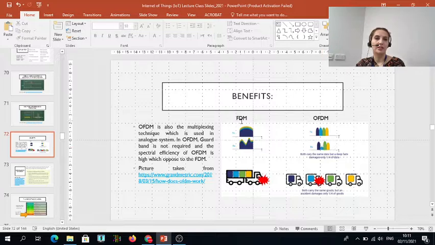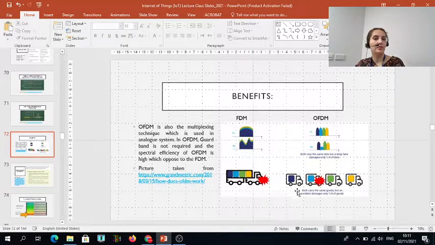But when we are looking at FDM, the example that I said was, if you imagine you have a large truck carrying multiple objects and the truck gets broken. What happens is that all those objects will be transferred with delay, and it will be more costly to fix that and transfer those after fixing that big truck.